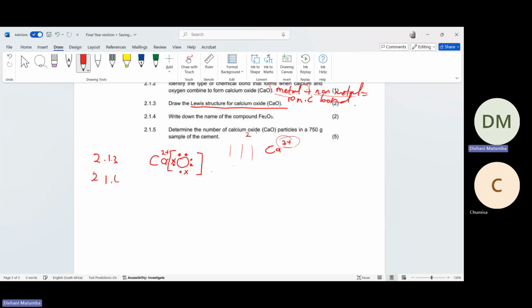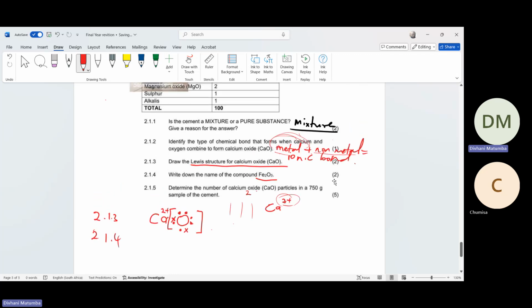Okay, 2.1.4. Write down the name of the compound Fe2O3. So what is the chemical name for it? Is it iron oxide?